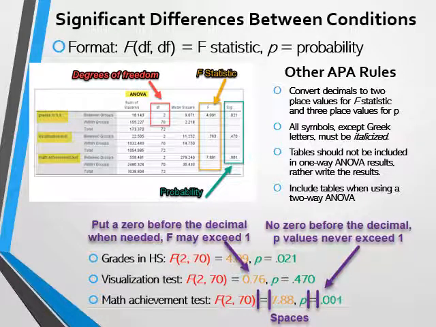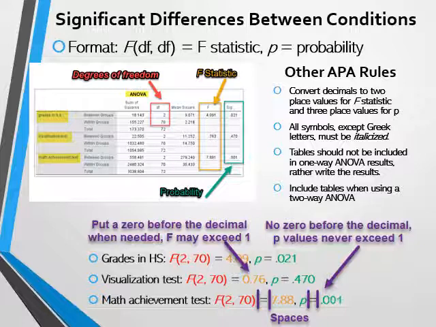Next, you'll highlight the significant differences between the conditions using the data from your ANOVA analysis. A format to use is: F, open parenthesis, DF, comma, space, DF, close parenthesis, DF meaning degrees of freedom, space, equal sign, space, your F statistic or your F value, comma, space, p, italicized, space, equals, space, your actual p value or your probability.